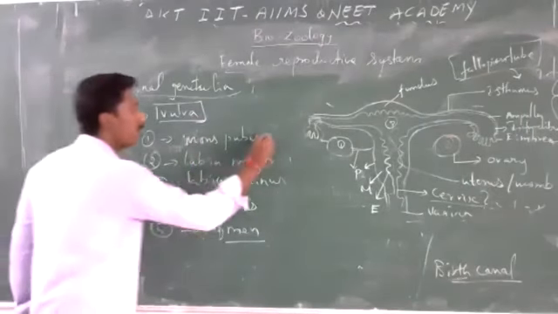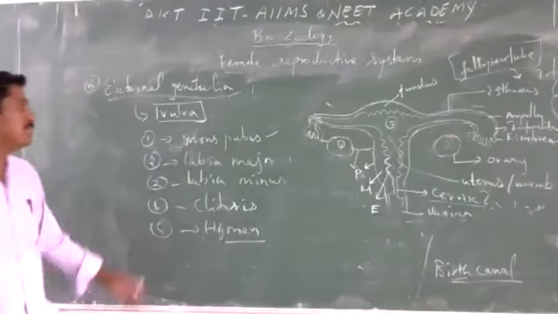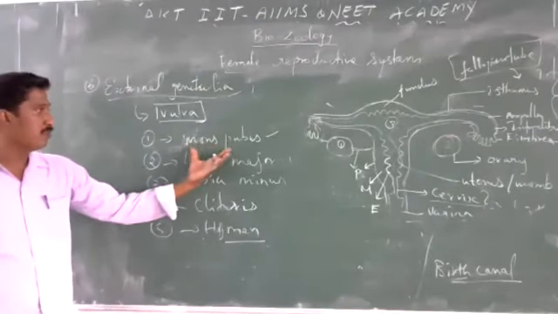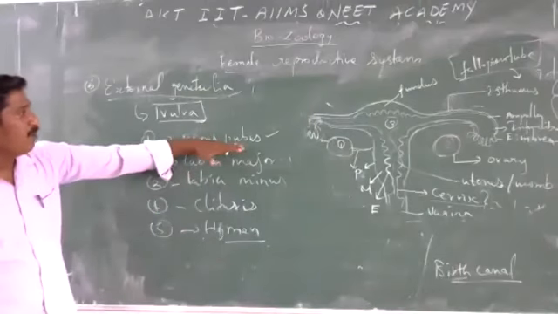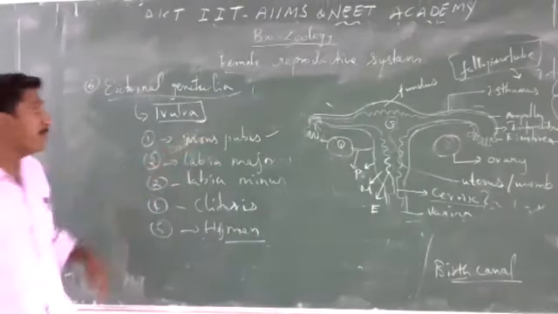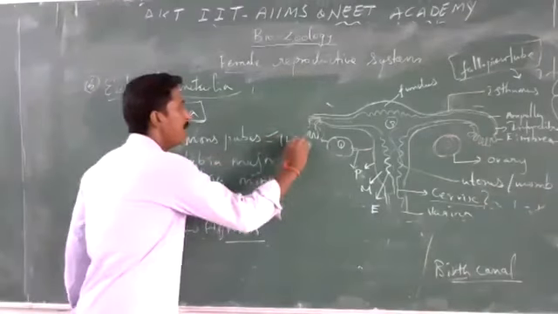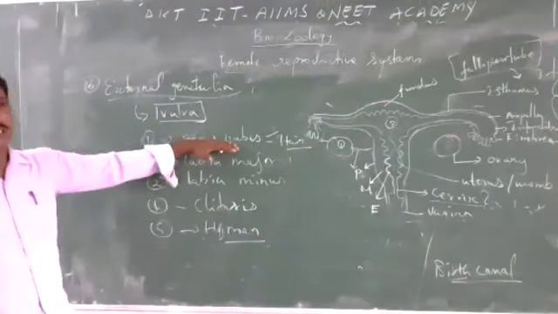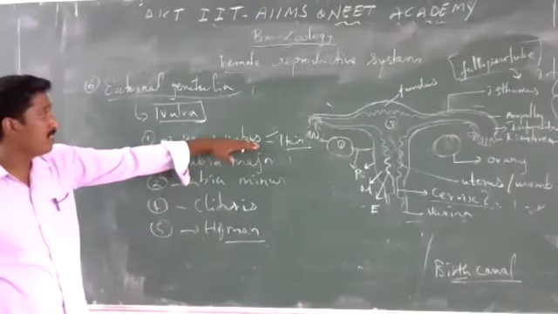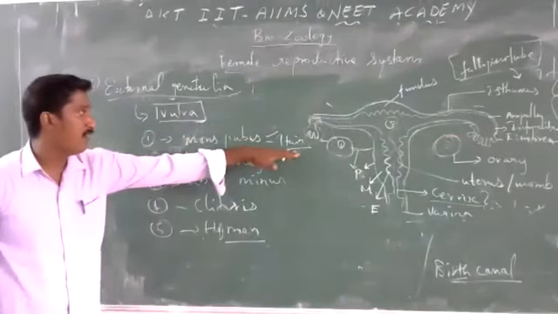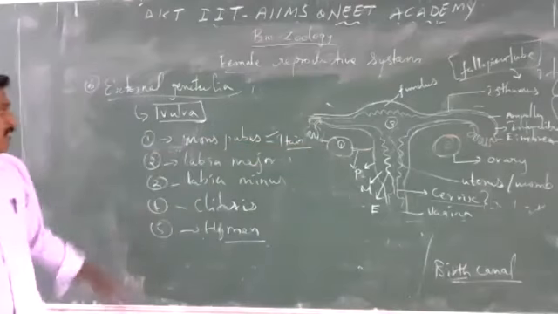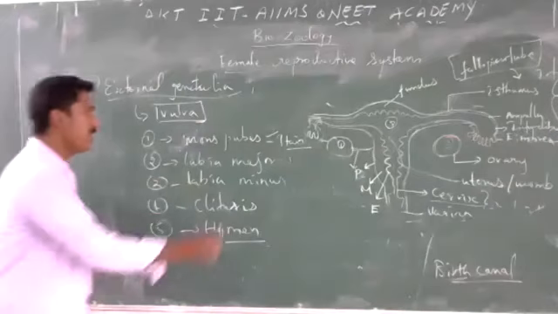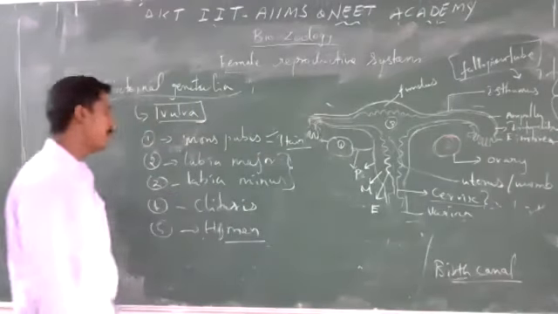The first one is the mons pubis. It is a fleshy, fat-filled tissue covered by skin, and it also has epidermal hair. Next are the labia majora and labia minora.